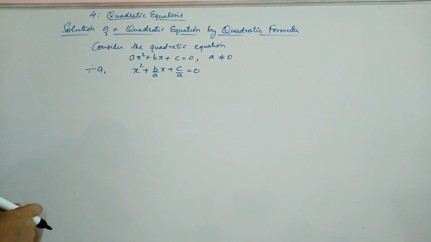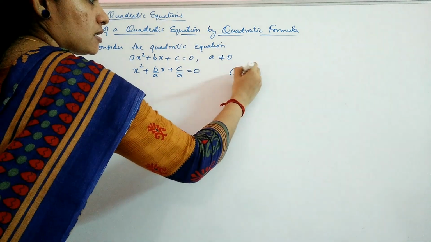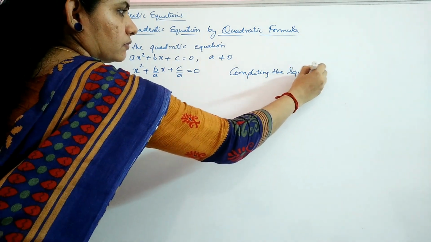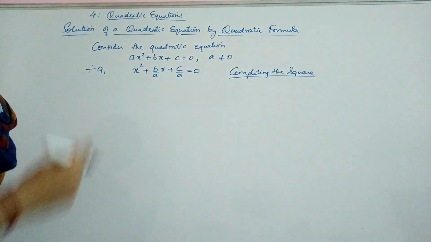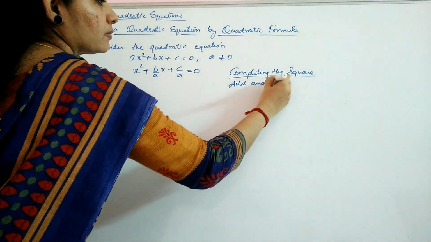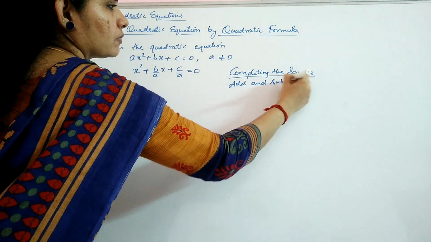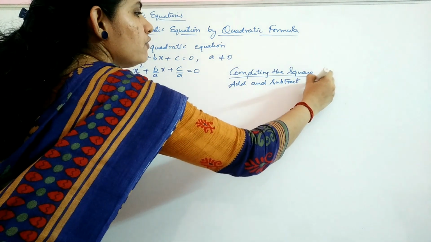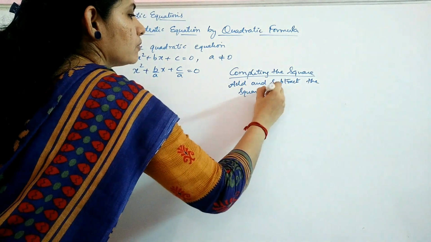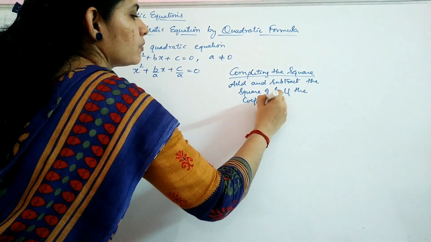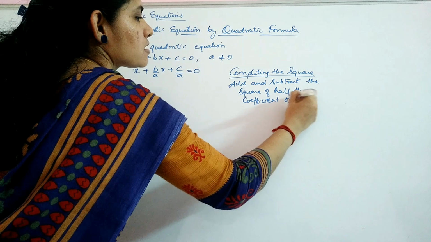Now you have a method which is the completing the square method. In completing the square, you have to add and subtract the square of half the coefficient of x.